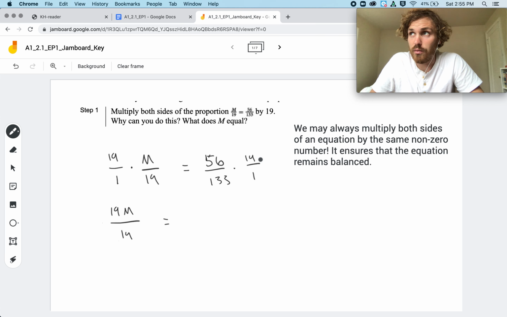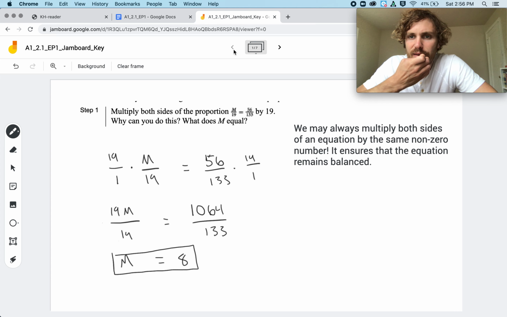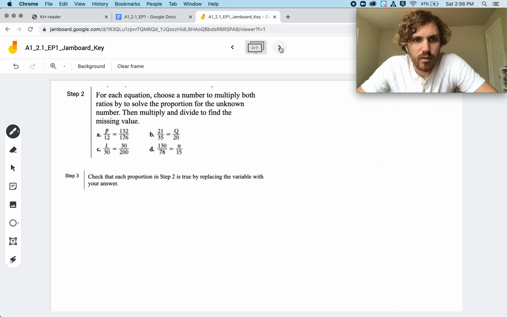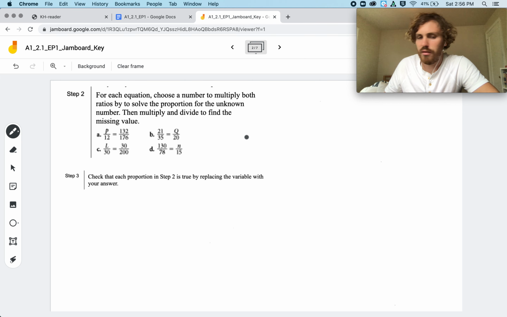So moving on to step 2. For each equation, choose a number to multiply both ratios by to solve the proportion for the unknown number. So back here, when we had m divided by 19, we multiplied by 19 because then we undo that division with the multiplication. So that's really what we want to do over here as well, is look at what the variable is divided by, and then multiply by that number.